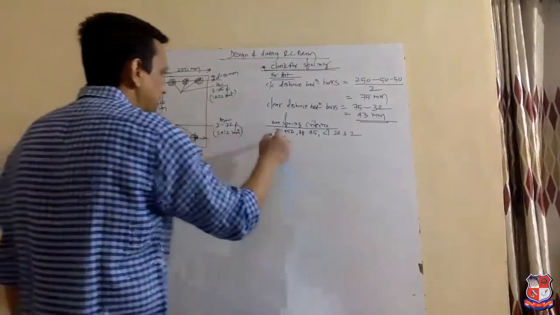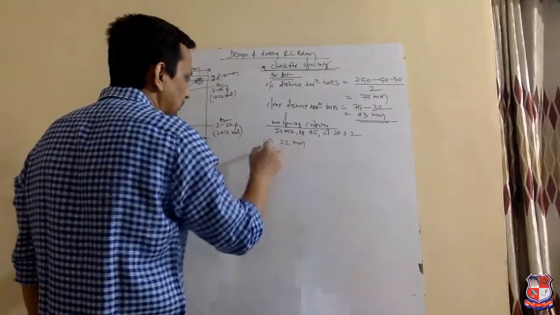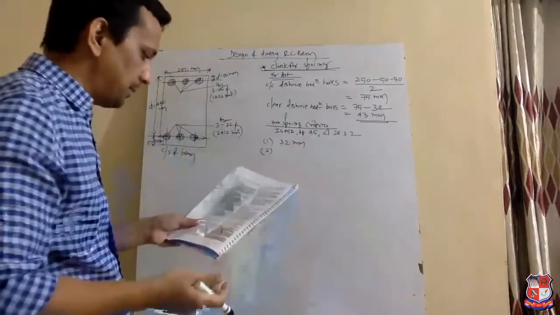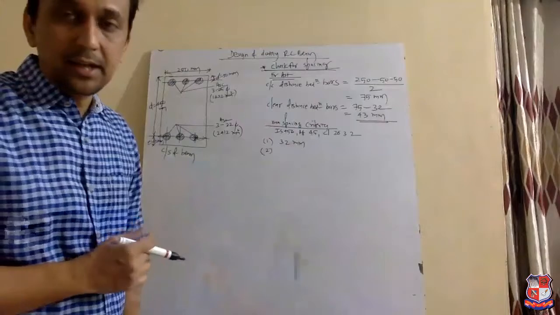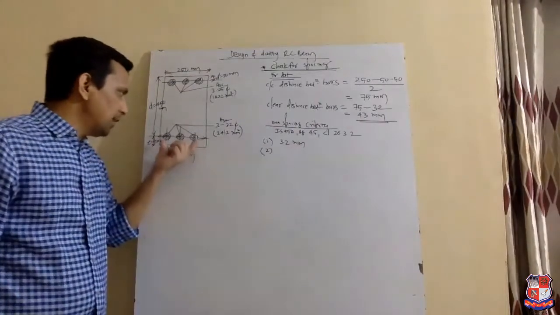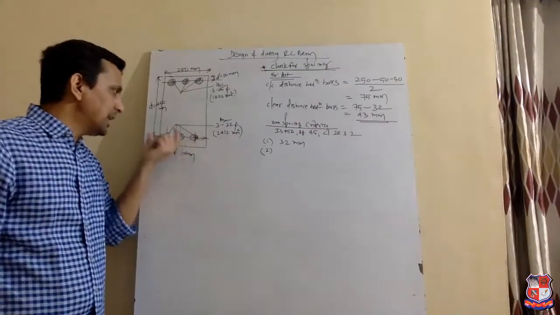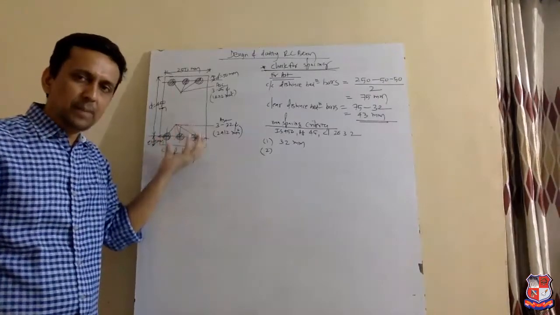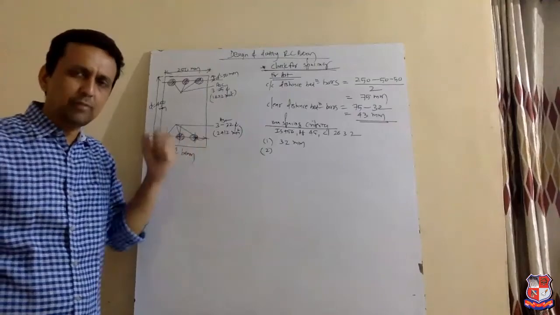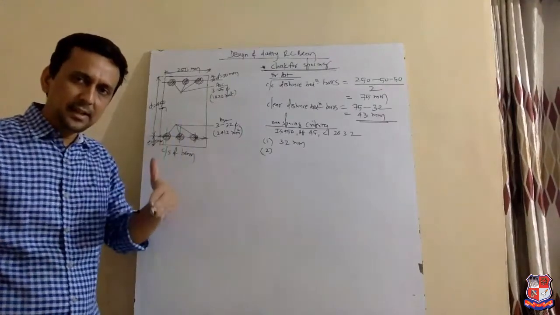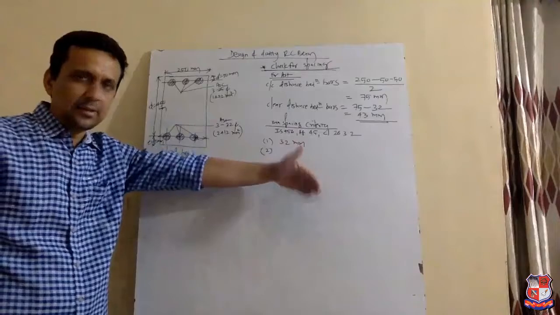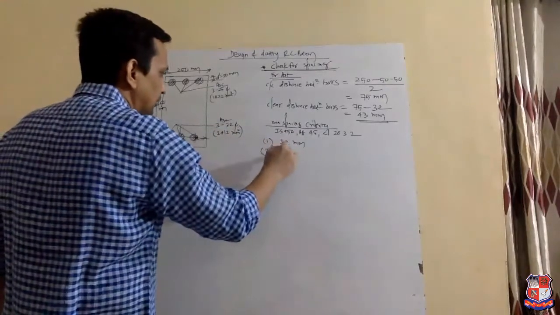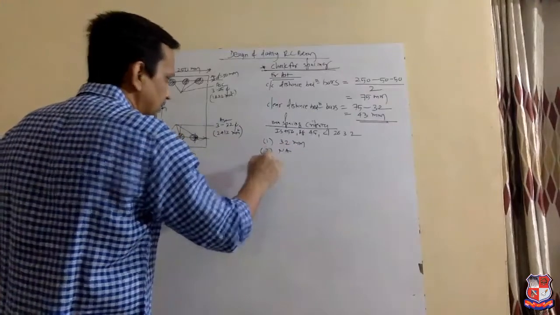So the diameter of the bar is 32 mm, and the second one is the larger diameter of the bar if the diameters are unequal. See, if we have provided two different sizes of diameter, say one is 32 mm dia and one is 30 mm dia or 28 mm dia, in that case take the larger diameter. But in our case, we have provided equal diameters, so the second criterion does not come into the picture.